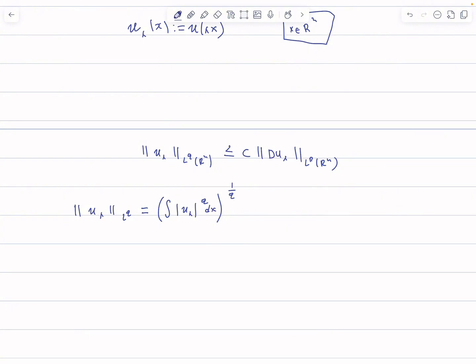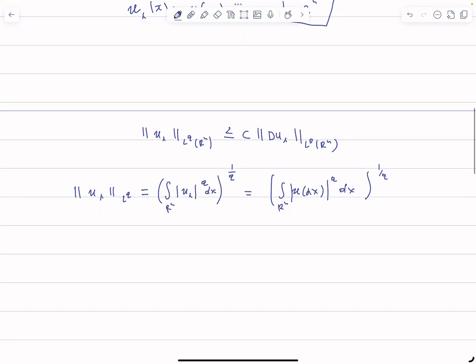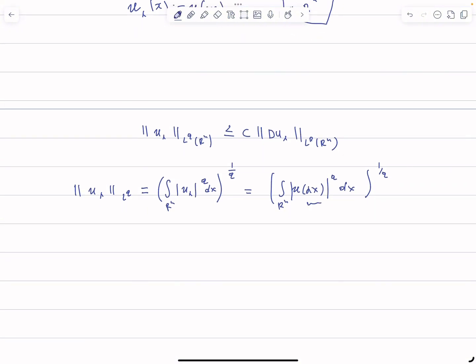Now our integral is of u(lambda x) to the power q, dx, to the power 1 over q, integrating in R^n. When we change variables, y equals lambda x, our dx becomes dy divided by lambda to the power n. Why lambda to the power n?